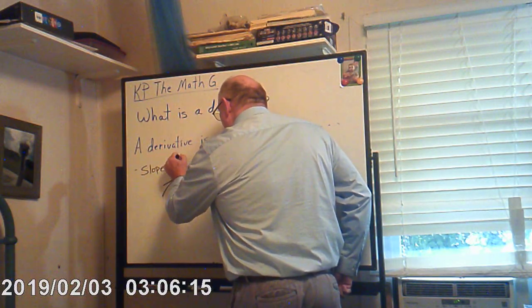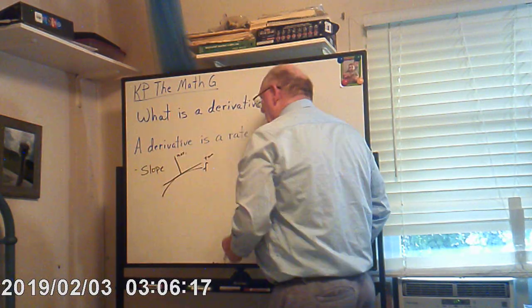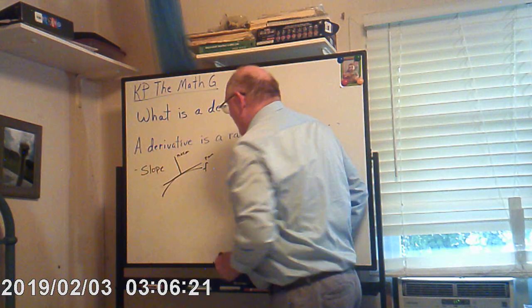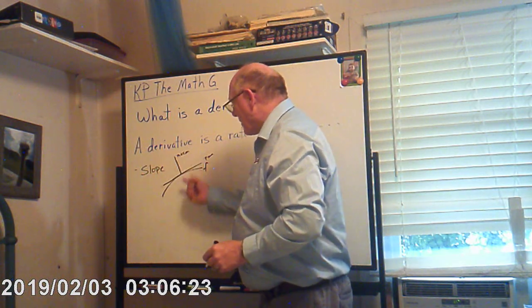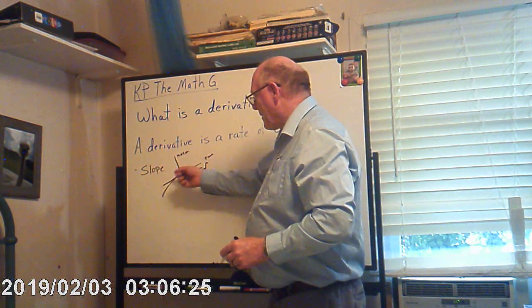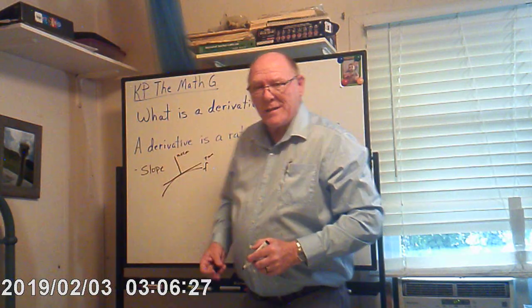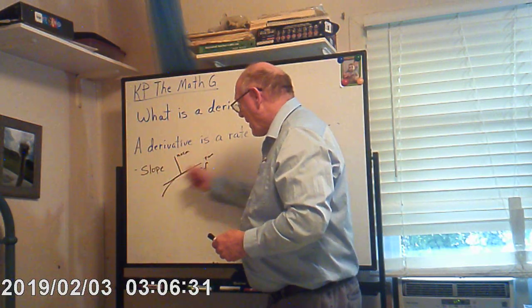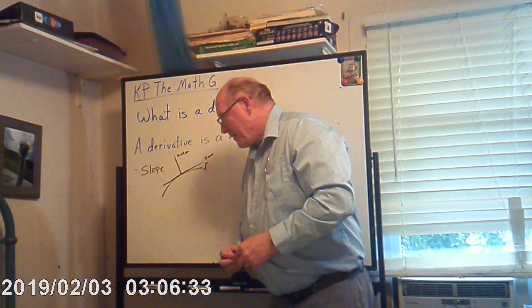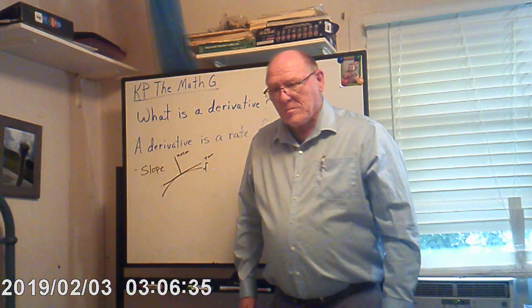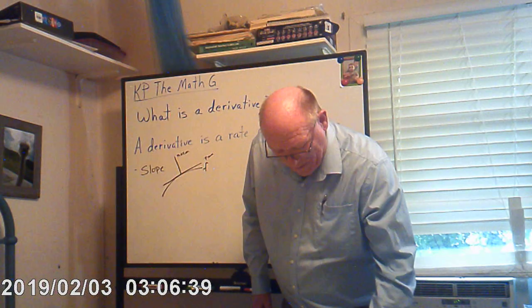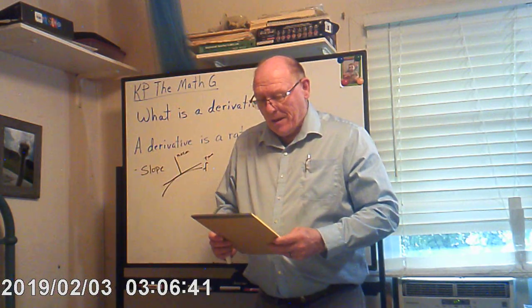So this is the tangent line, this would be the normal line. And of course, this is perpendicular to the tangent line, right? So there's a rule for that. Tangent lines, normal lines, is the slope.